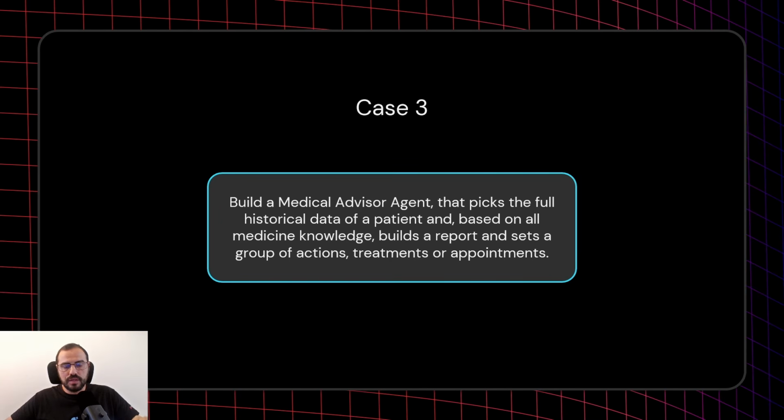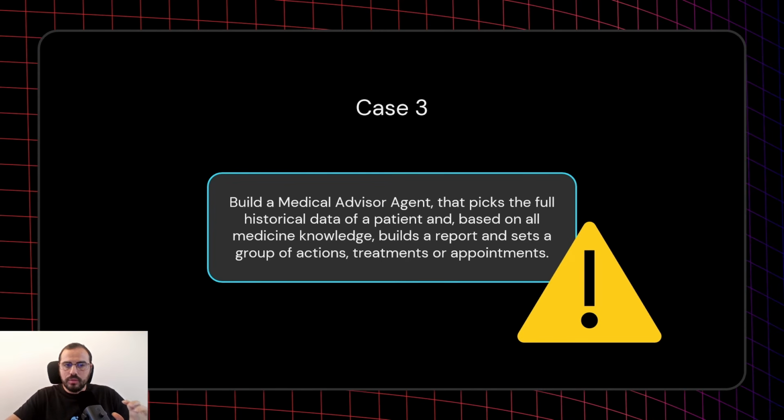Is this a use case for an agent or not? So this one is more tricky, because we have a yes, but. And the reason for that is that this is a very huge use case.